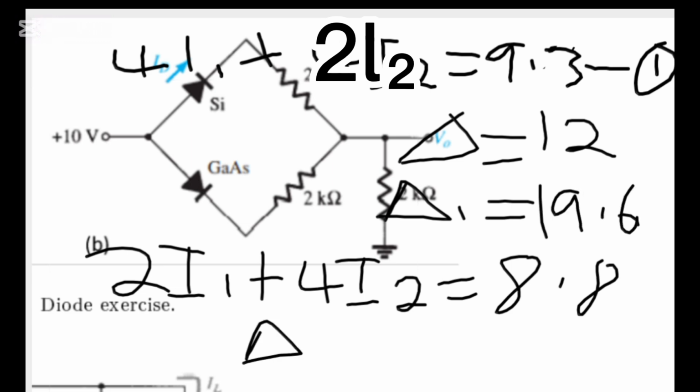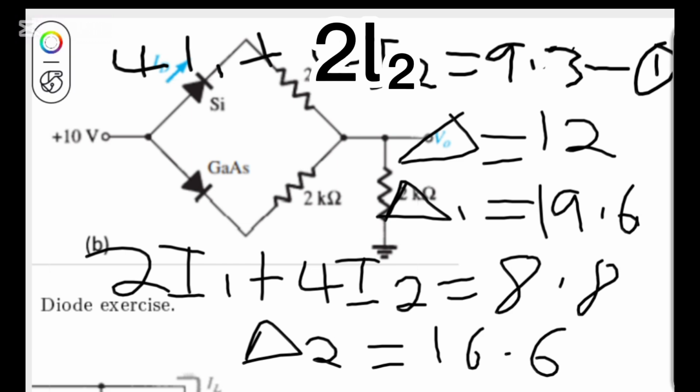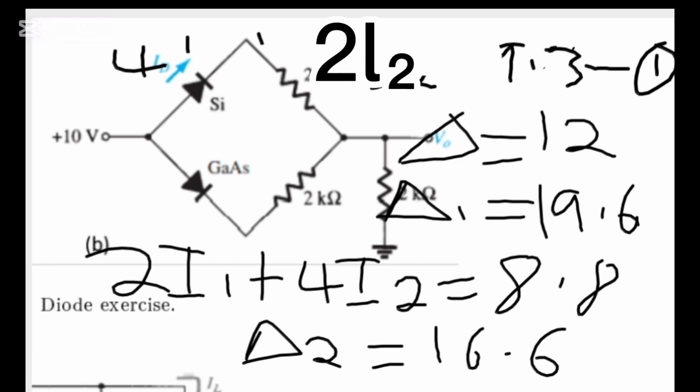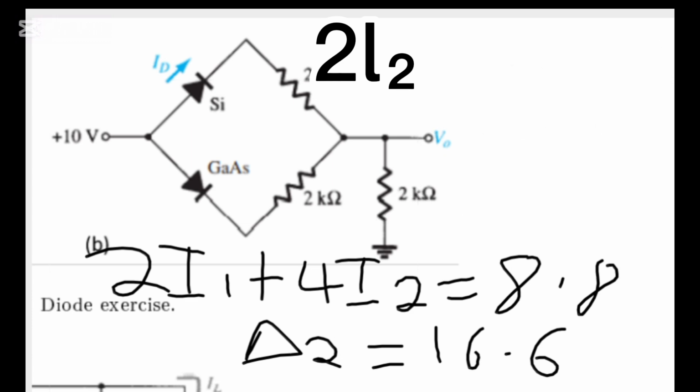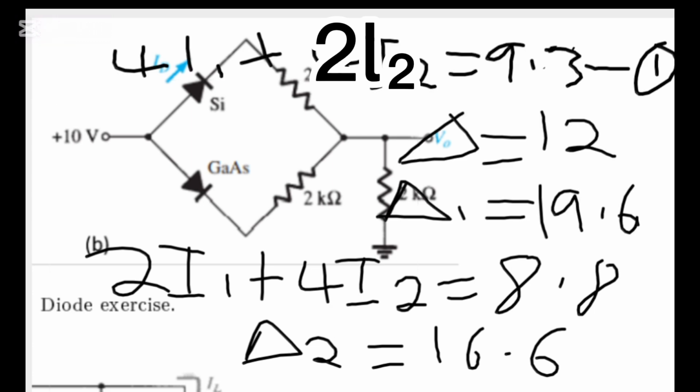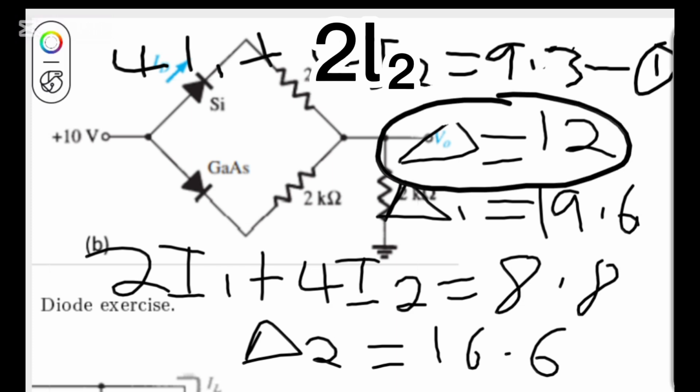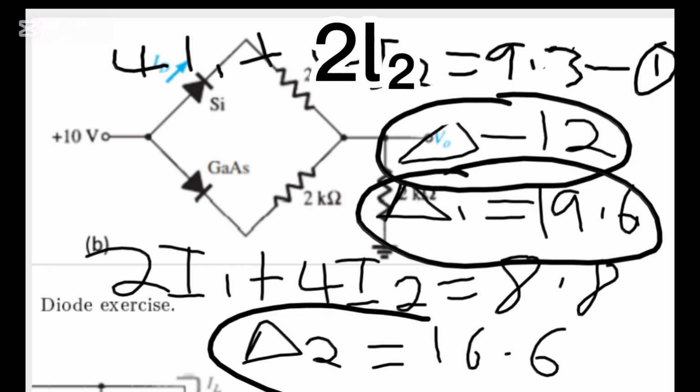And for the delta 2, after putting the output at the second column, I get 16.6. So after then, the next thing that you're going to do is that, I hope you write down the value of delta and delta 1 and delta 2.